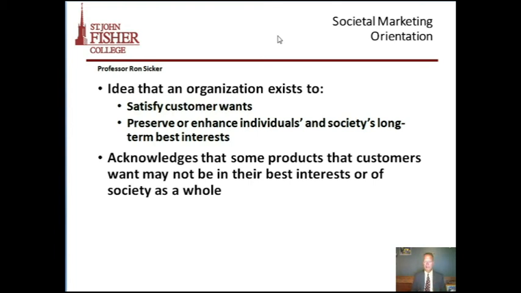So societal marketing orientation is achieving that marketing orientation to deliver customer value, products and services to the customer, but also keeping in mind the environment, human rights, labor rights, and social rights.